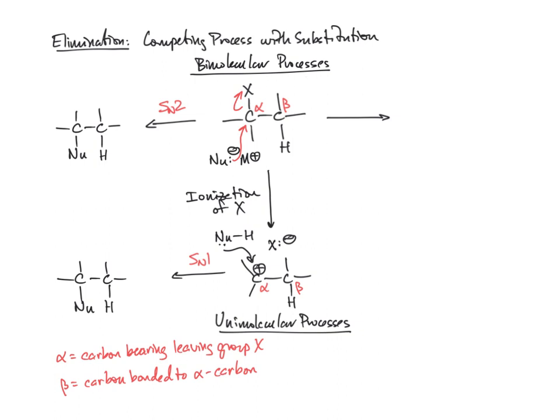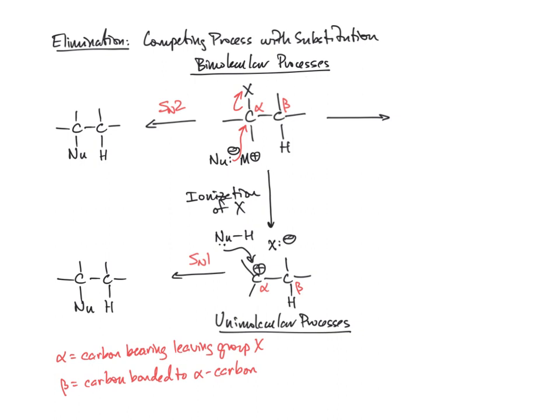Now what we're going to consider moving forward is the nature of the nucleophile. So whether this species acts as a nucleophile to form a carbon-carbon bond or carbon heteroatom bond, or if this thing is acting as a base. And so this is where you're going to need to look at the reagents and ask yourself the question, is this a nucleophile or a base? The difference between those is that the action of a base is to abstract a proton.